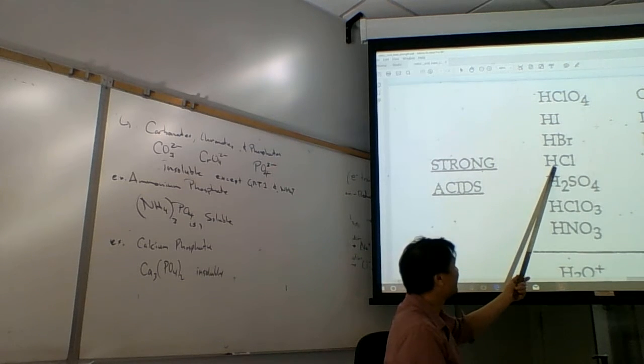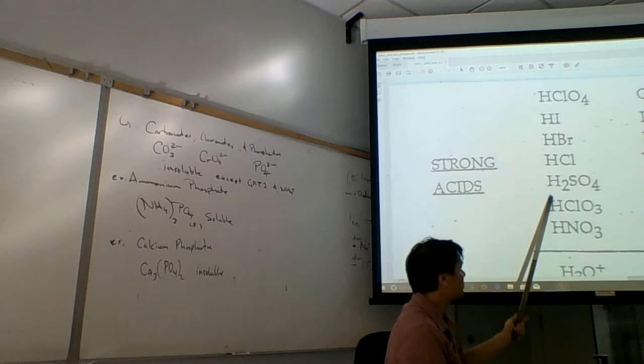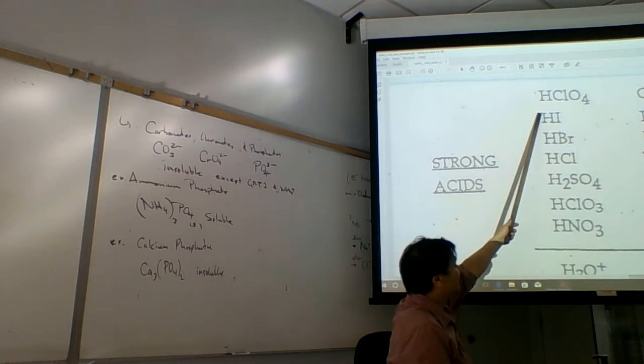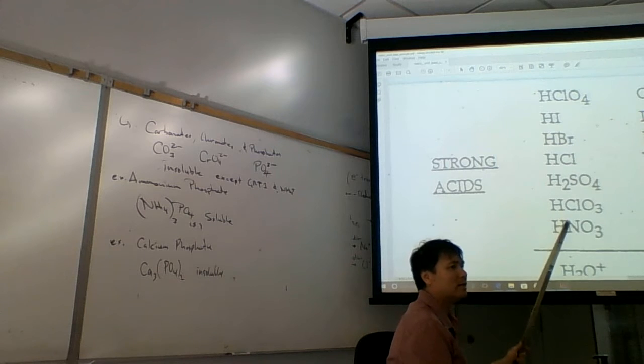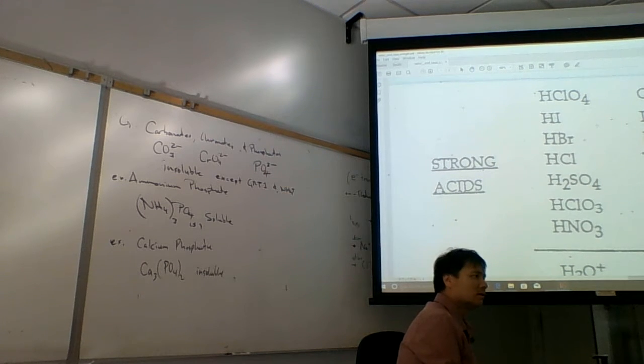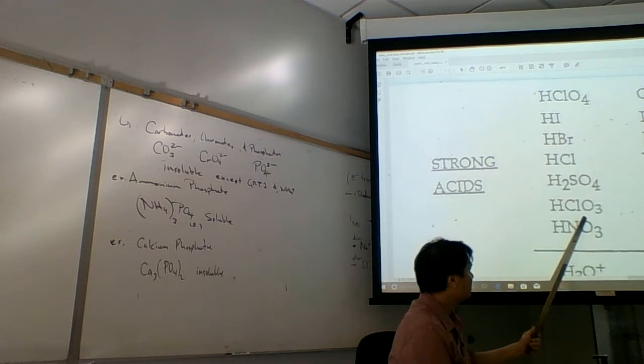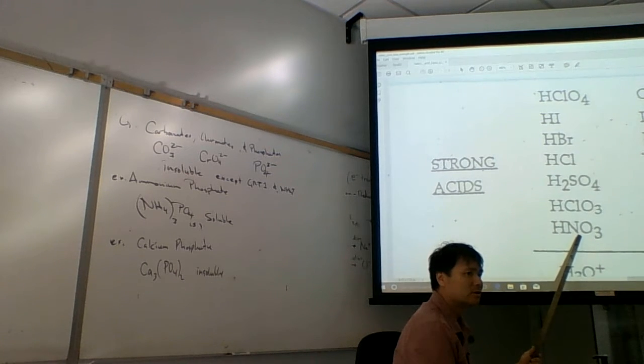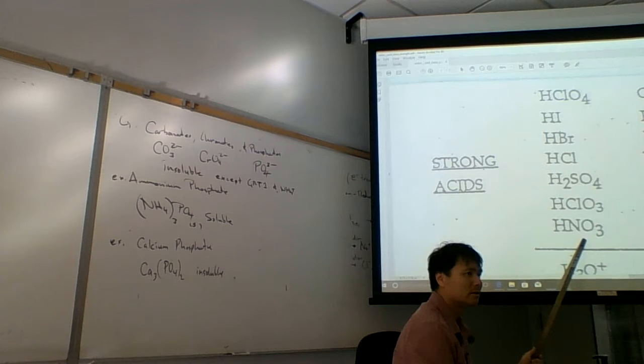Hydrochloric acid is this one, HCl. Perchloric acid is the top one here, HClO4. HClO3 is chloric acid. This is chloric acid, and then this bottom one is nitric acid.